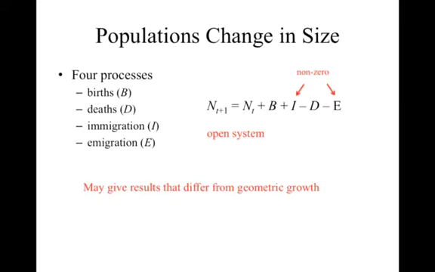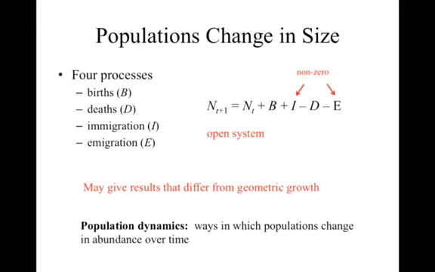Sometimes they're proportional to the area of the boundary around your population, or they're proportional to some other factor in the system. And once you do that, if the immigration and emigration rates are not proportional to your total population size, you cannot write the population change, this particular equation, as a geometric growth rate equation. You can only write a geometric growth rate equation when all the terms are proportional to population size.